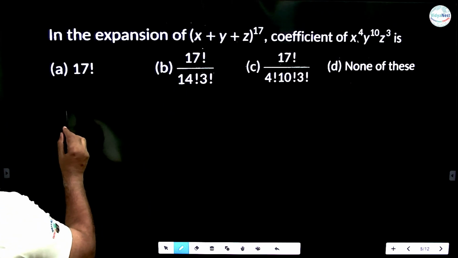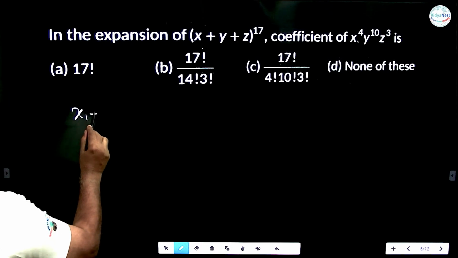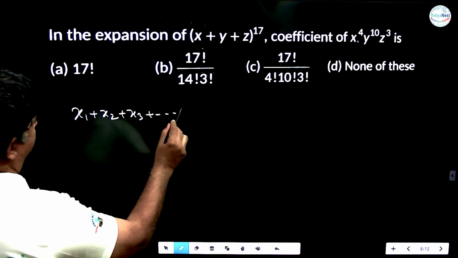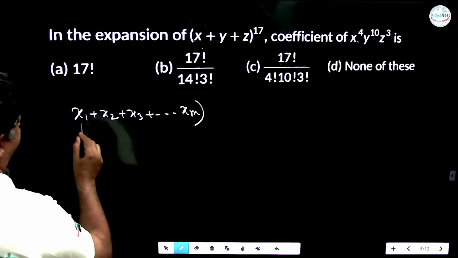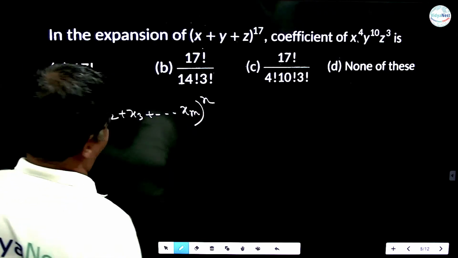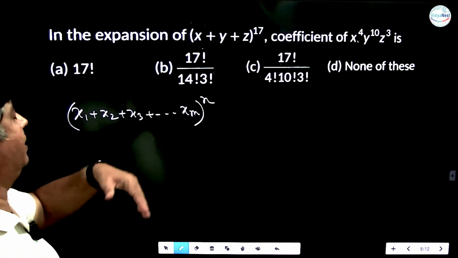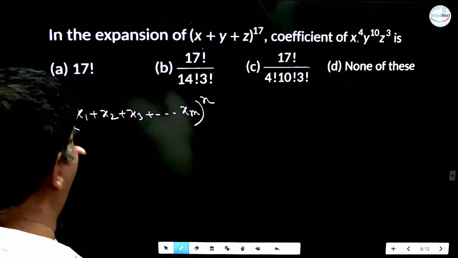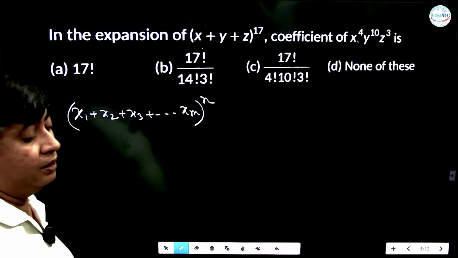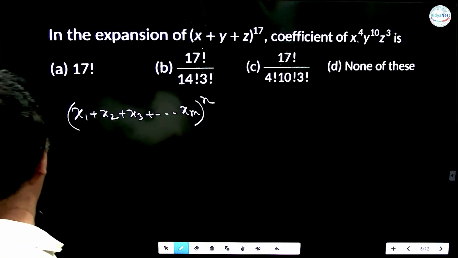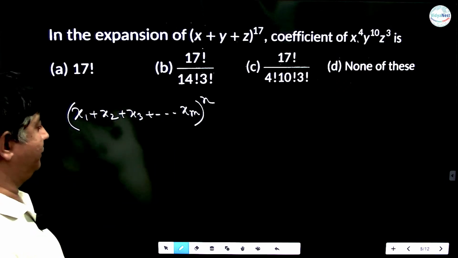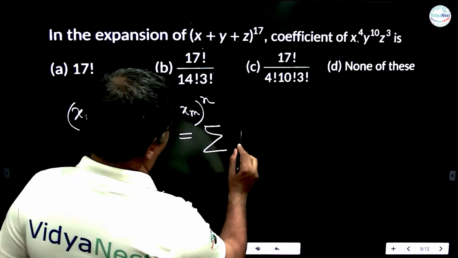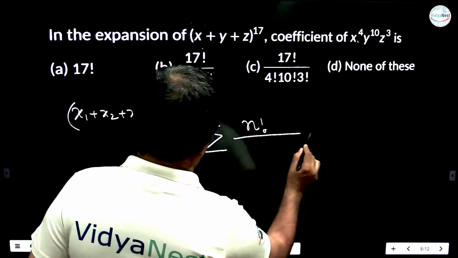Say x1, x2, x3 up to xm all to the power n. In case of a simple binomial, easily you could have found the coefficient of any term, but it is multinomial. More than two terms are there. So we go through this property.